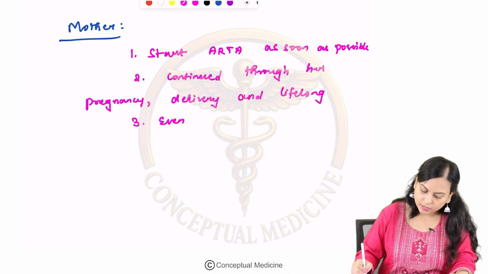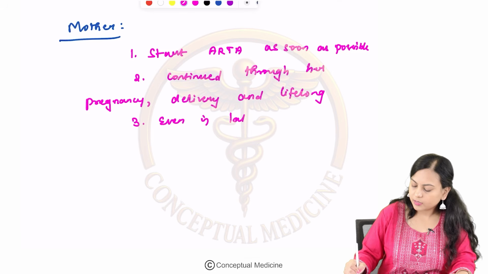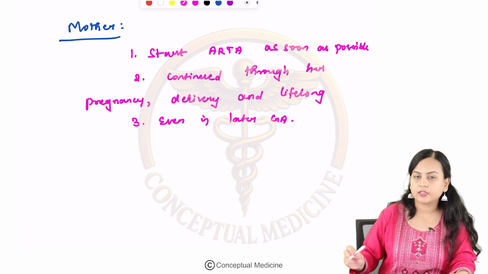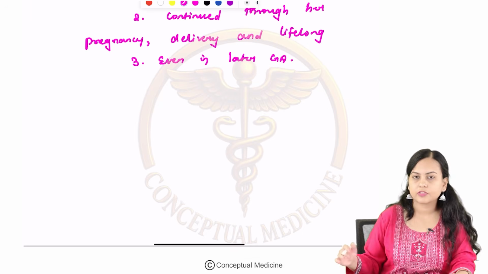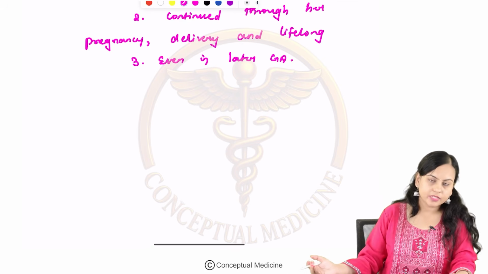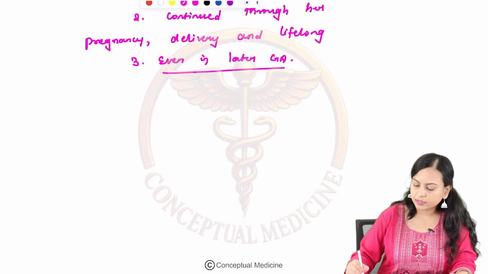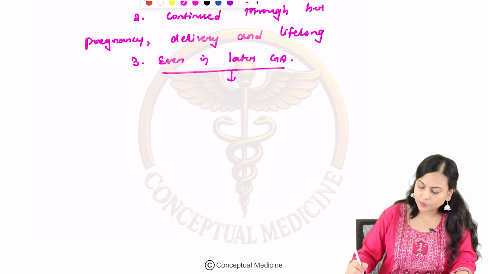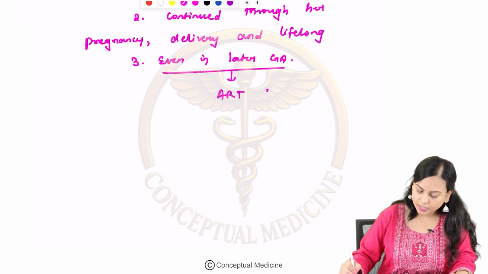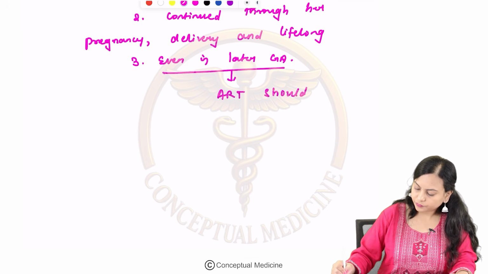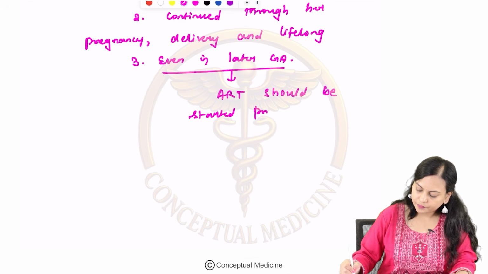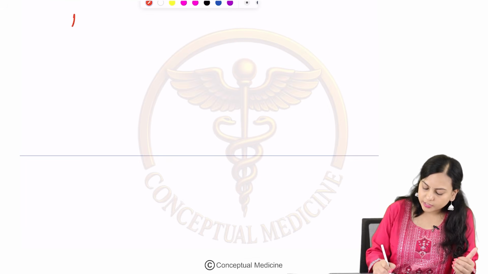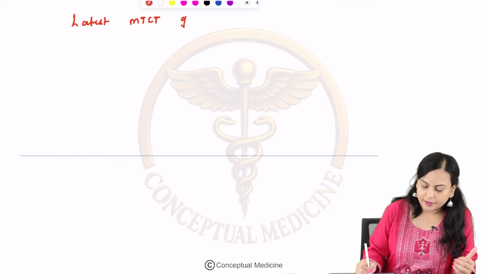And even in later gestational ages, suppose it is not diagnosed in the early trimesters and you are finding it only in the later gestational ages, ART should be started promptly. So, what do the latest MTCT guidelines say?